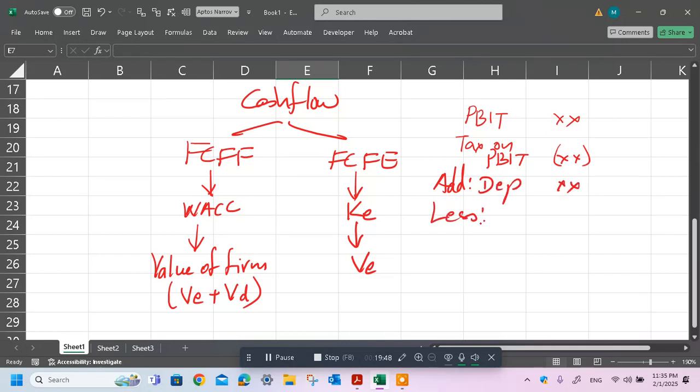Subtract investments. You may have two types of investment: maintenance investment and expansion investment. Maintenance investment means investment to maintain the capacity itself, replacing some of the assets, improving some of the assets just to maintain the capacity. Expansion means expanding. All those investments, subtract them. Then what you get is free cash flow to firm.